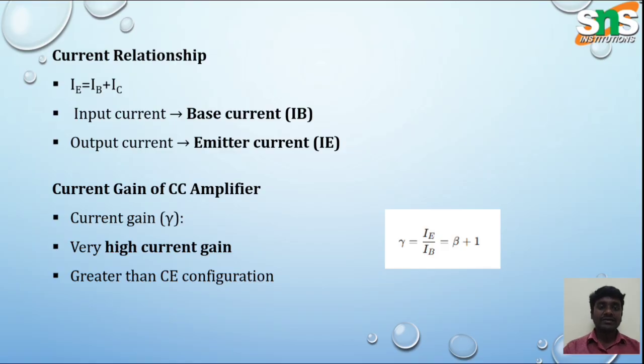The current gain of a common collector amplifier, gamma, equals IE by IB, which is beta plus 1. It is a very high current gain compared to other configurations, greater than the CE configuration, because the gain is beta with 1 additionally added.